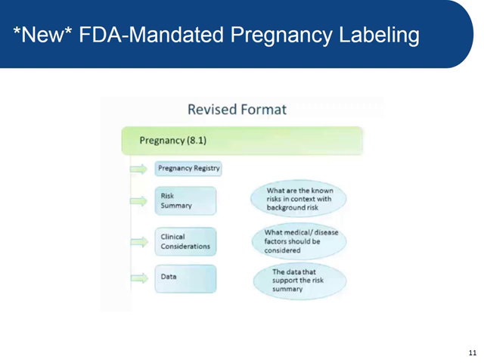This is what the revised format will be. So no longer will you just have a category, A, B, C, D, or X. Now you'll have relevant information in the drug product guidelines. Again, you're not going to see this information anytime soon. It's going to be at least 3 or 4 years before this even starts to hit the drug information sources. But several years from now when you start seeing it, you can think back to this lecture.